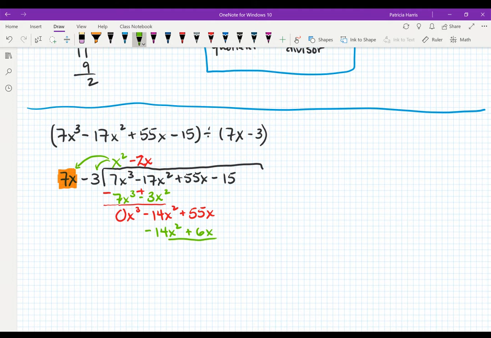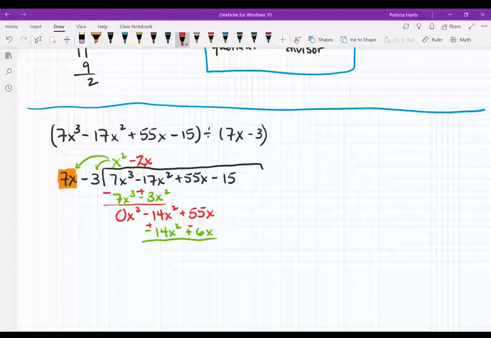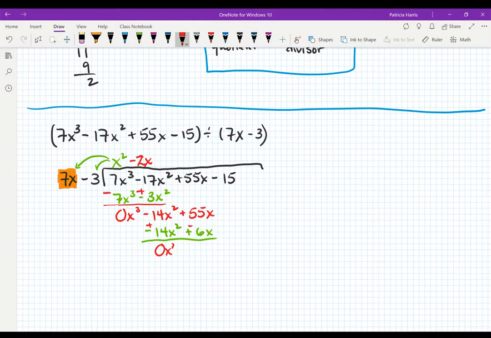Now remember, you're going to change the signs, so you want it to match when you first do your multiplication. So plus, minus. This is a 0 like you want it to be. 55 minus 6 is 49. And then bring down your 15.